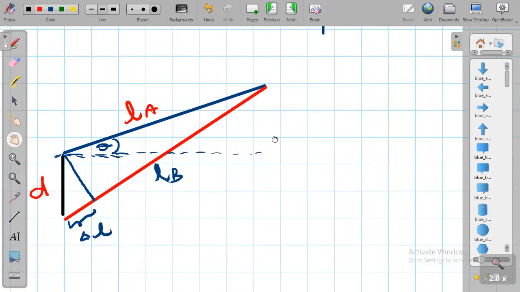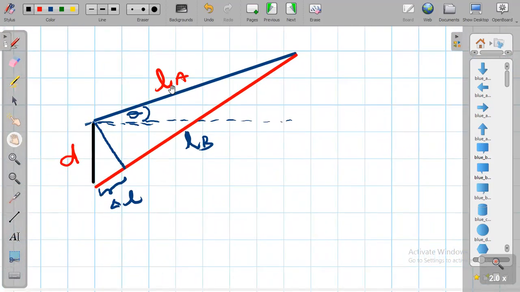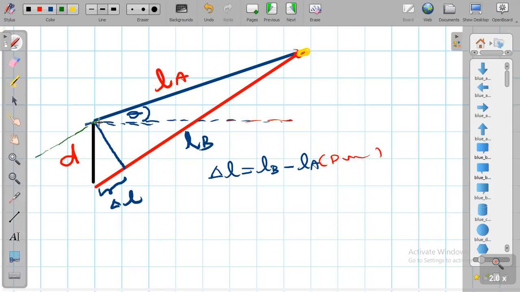Let me explain how the constructive interference works here. Now see the difference. Delta L equals LB minus LA. This is the path length difference. And there is an angle theta with the horizontal at the point where the first order maxima takes place. Now let me extend this perpendicular normal a bit.